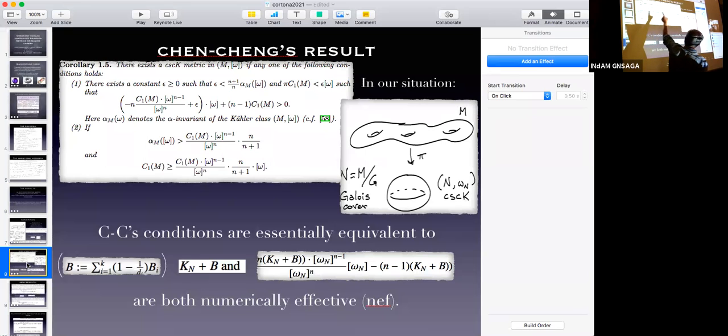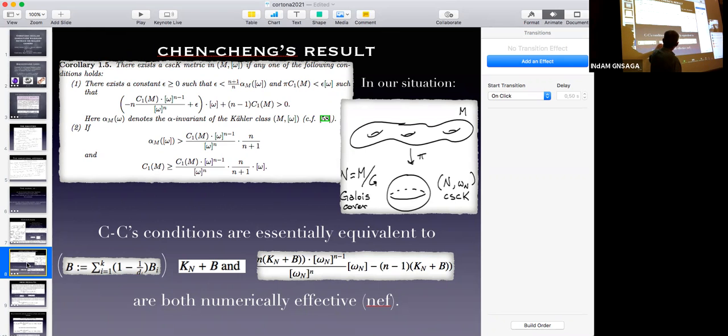Now, if you take that statement in our situation, suppose that their M is really the one which covers N, and their omega is actually the pullback of a constant curvature class. What they are really asking is the following. This is standard translation, so I'm not hiding anything.